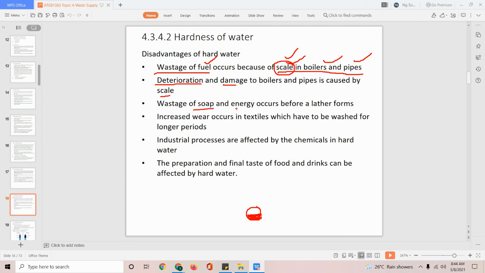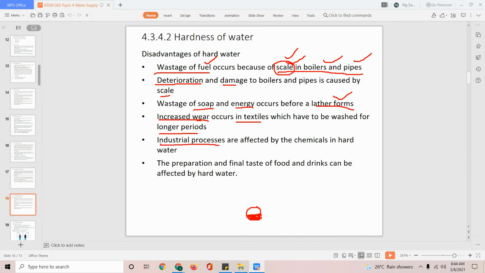We waste soap and energy to form a lather. Next, we have increased wear in our textiles because we need to wash longer, due to the hard water having a harder time to form a lather.